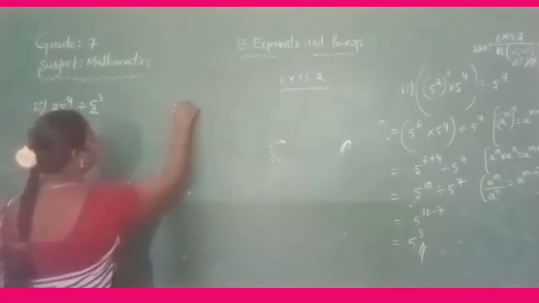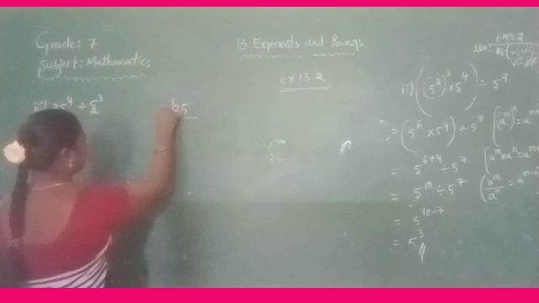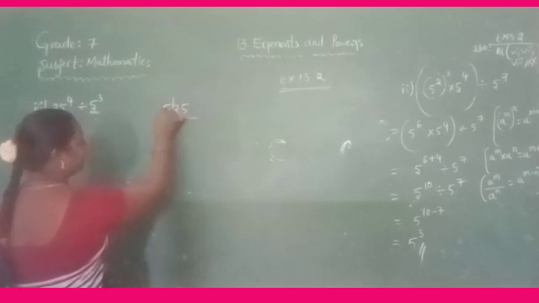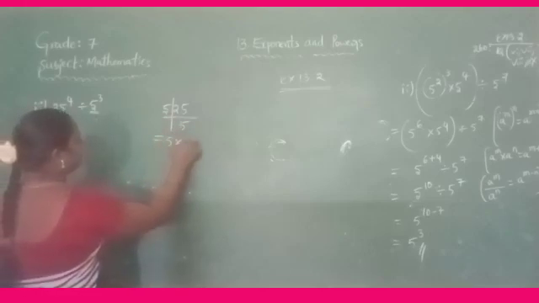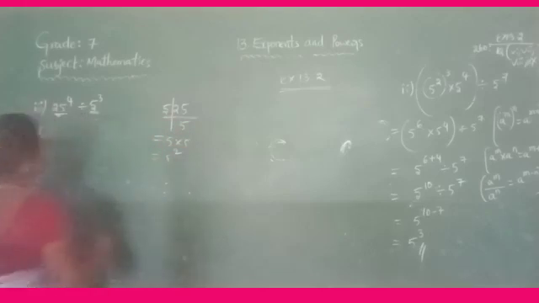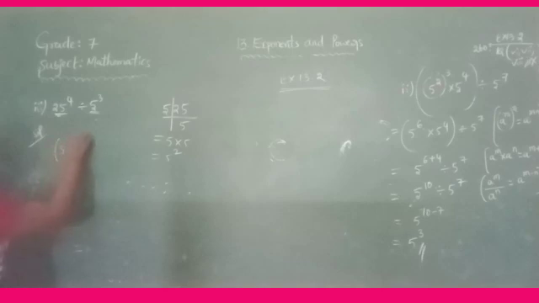Before that, find the prime factors. For 25 prime factors are 5 into 5, that is 5 into 5 is equal to 5 square. 25 we can write in the form of exponential, that is 5 square. Again we have power 4. 5 square whole to the power of 4 divided by 5 cube.